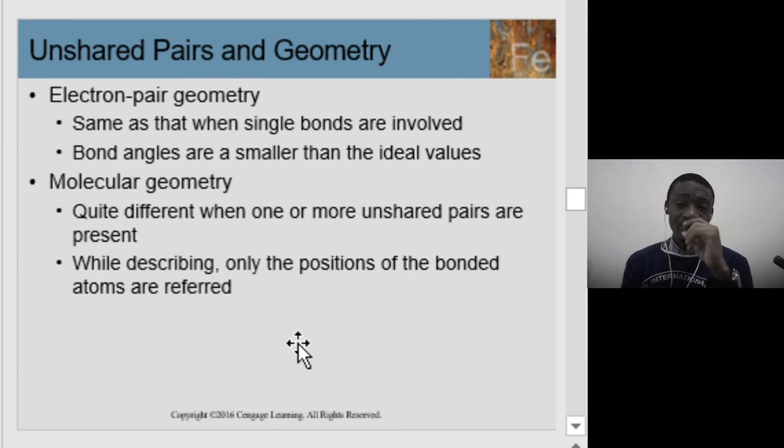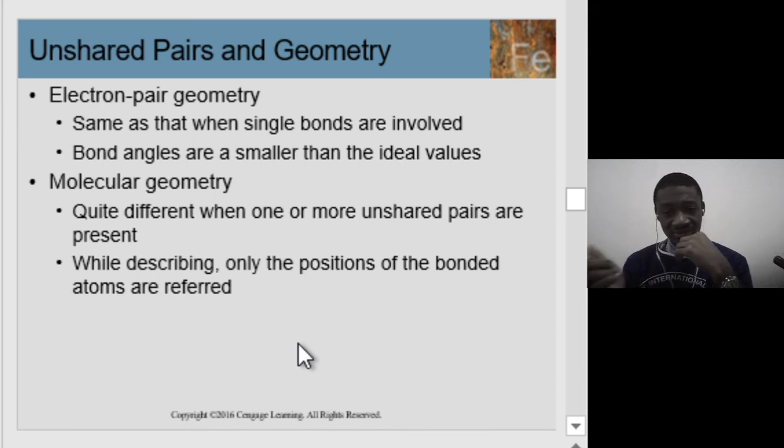Notice that unshared pairs of electrons affect the geometry. I'll explain that. It's the same as when single bonds are involved. Bond angles are smaller than the ideal values, on the strength of that electron pair geometry.